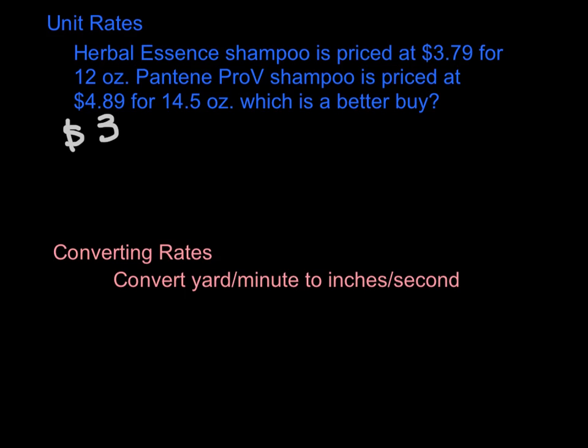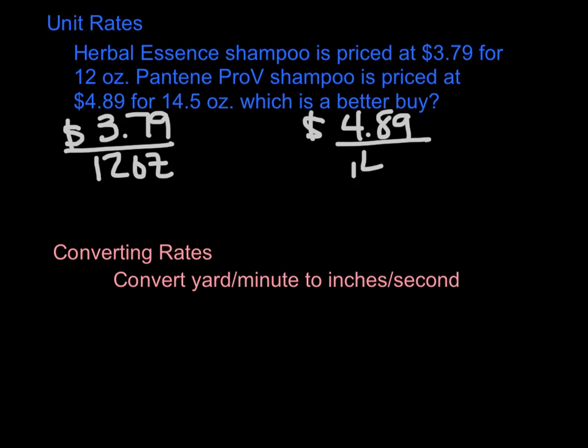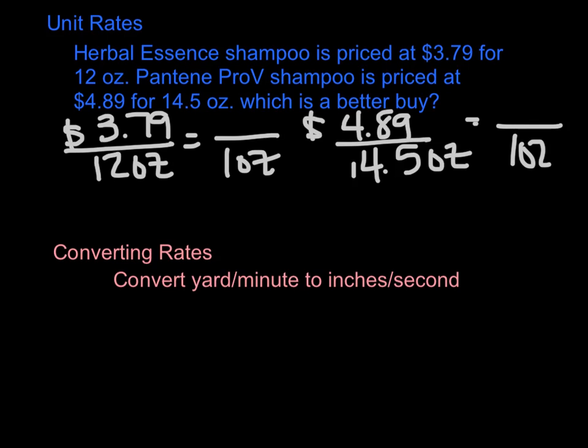So set the first one up as $3.79 for 12 ounces, and set the second one up to be $4.89 for 14.5 ounces. And then you can do the math with a calculator, most likely, to see how much 1 ounce is going to be. Well, if you're looking for 1 on the bottom, you simply just divide your numerator by your denominator.